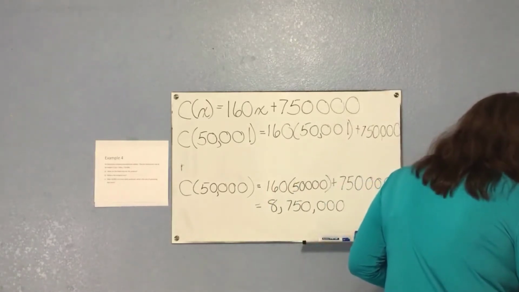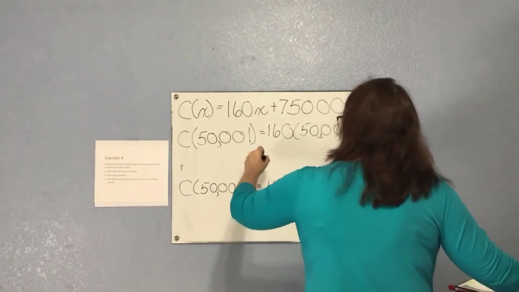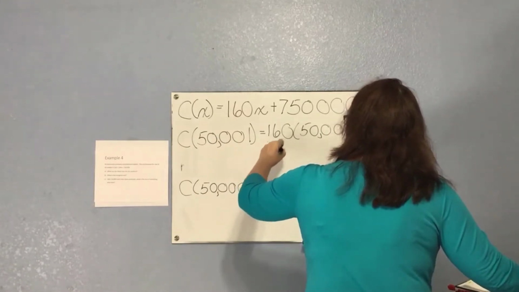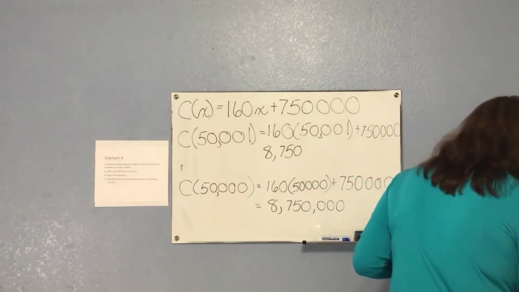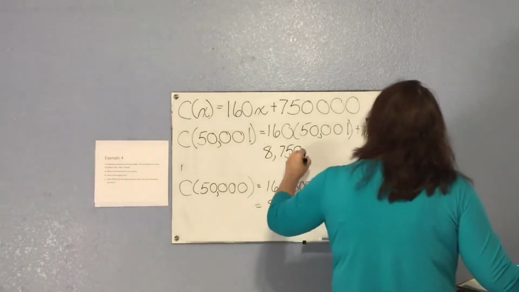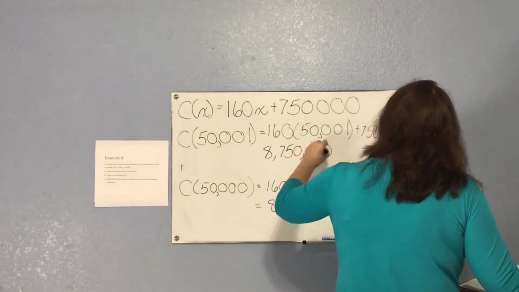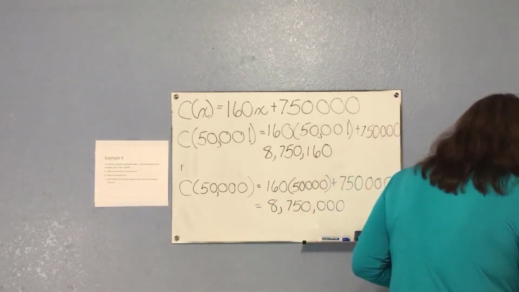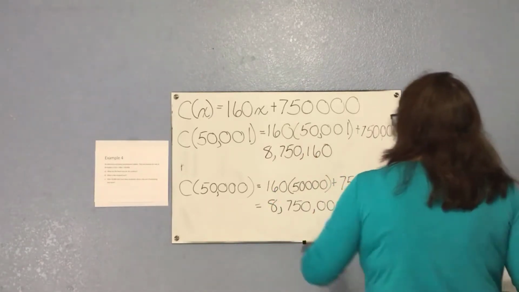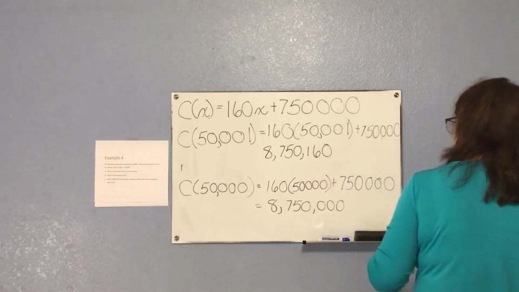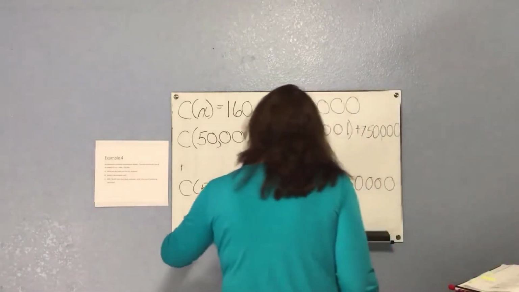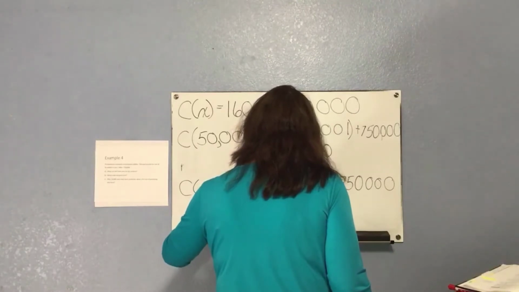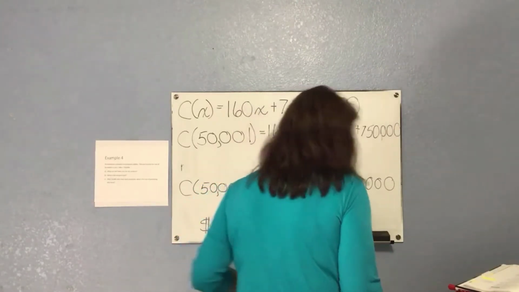And now I get a total of 8,750,160. So the difference between these two then would be $160.